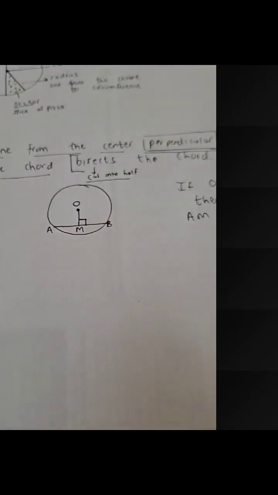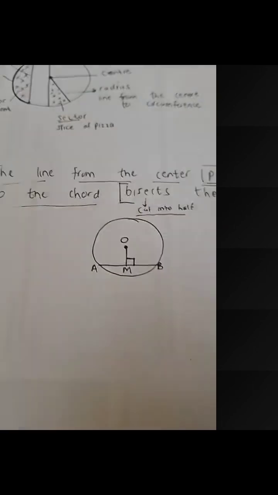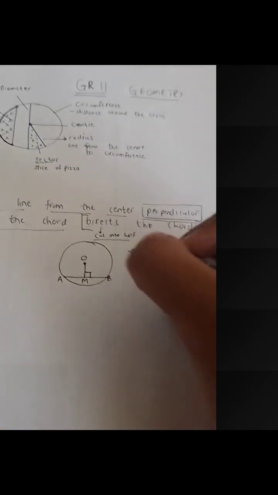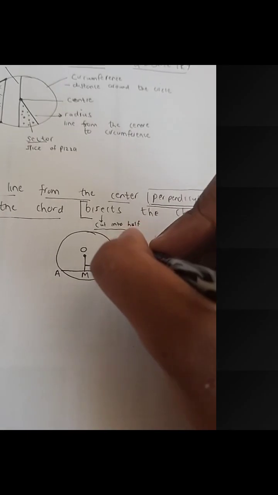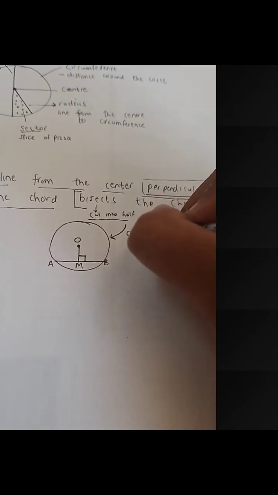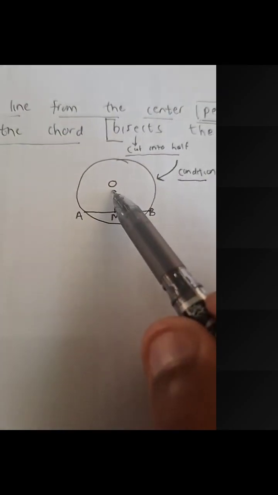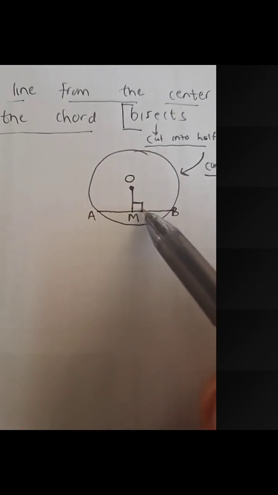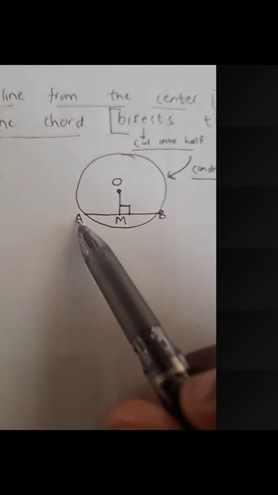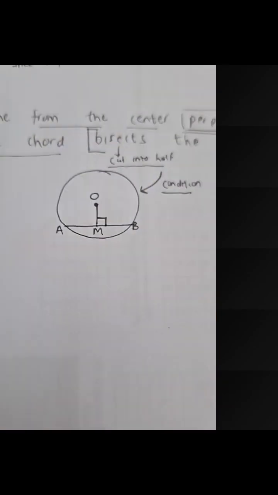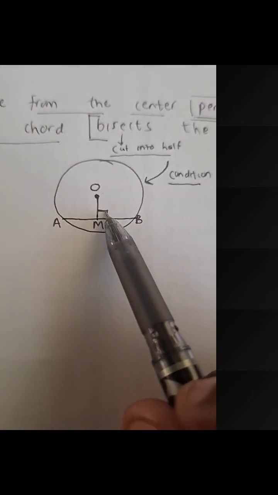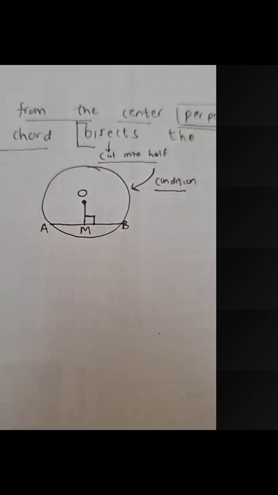So, beautiful people, this means that whenever I see a diagram with this condition of a line from a center being given as perpendicular to a particular chord, then I can always state this result: the chord is cut into half.